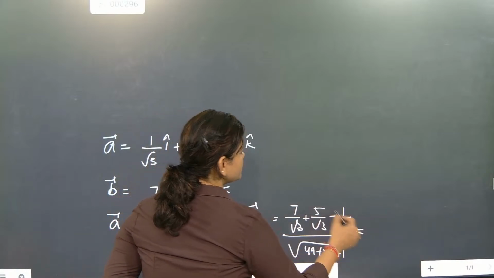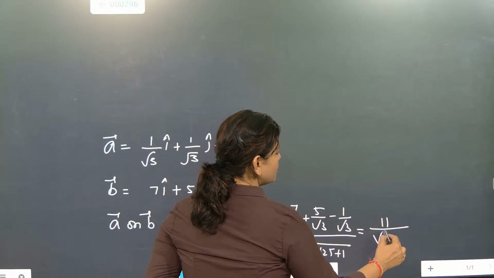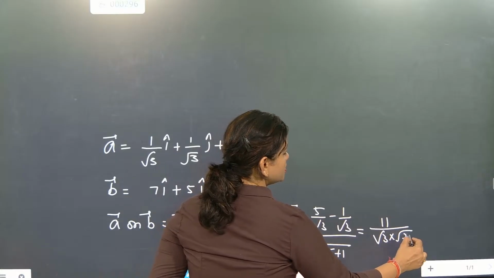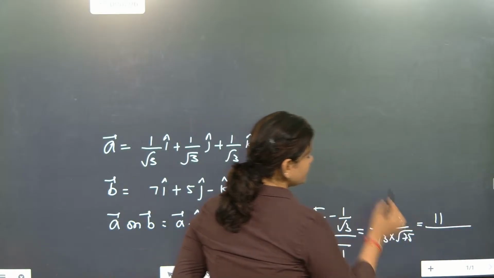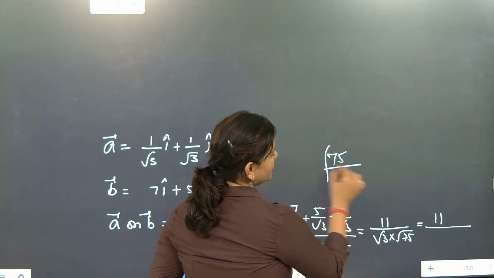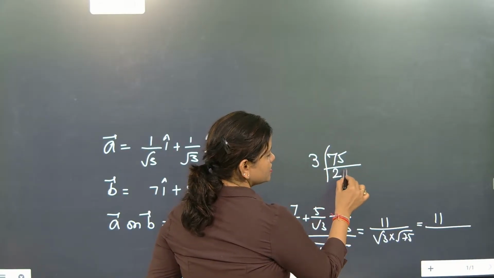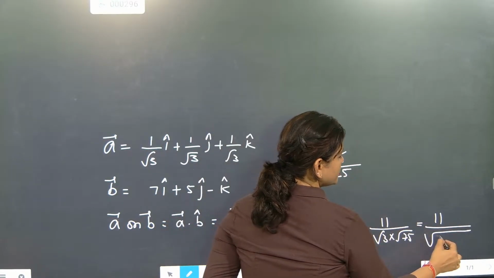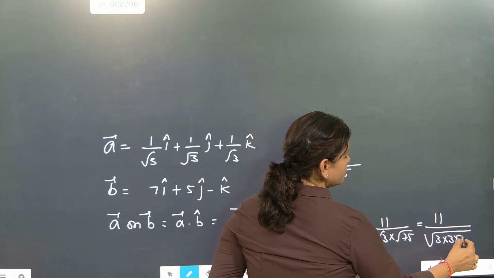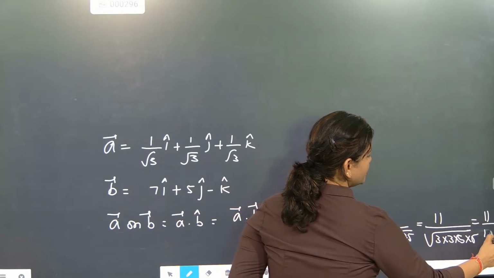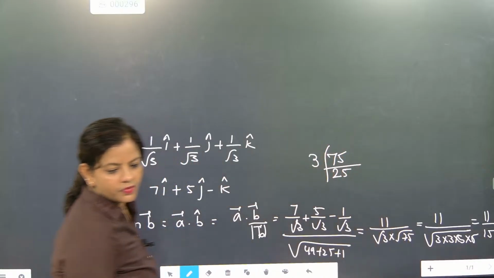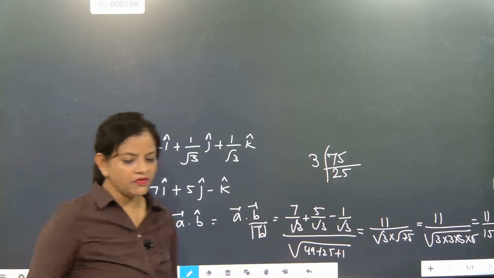So it will become 11 by root 3 into root 75. Now 75 factors as 3 into 5 into 5, so 11 by 15 is the answer. The option is A. Kishore, very good.